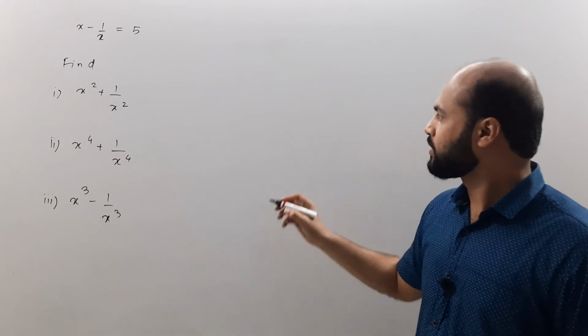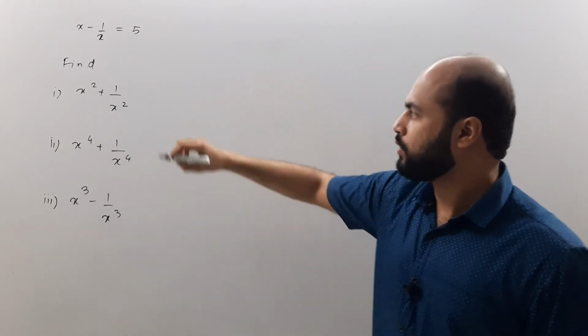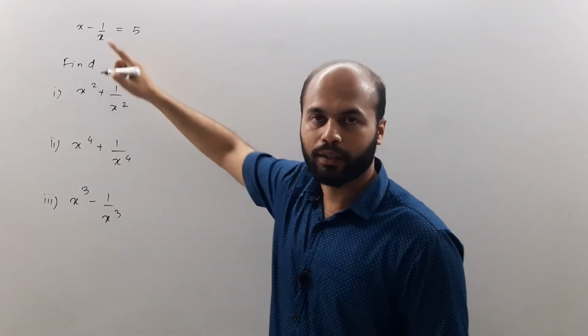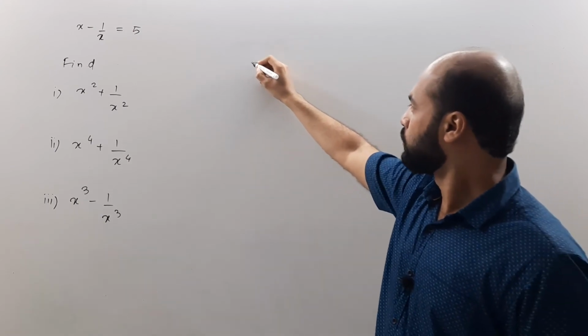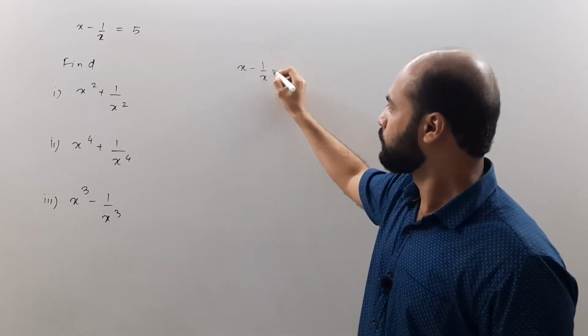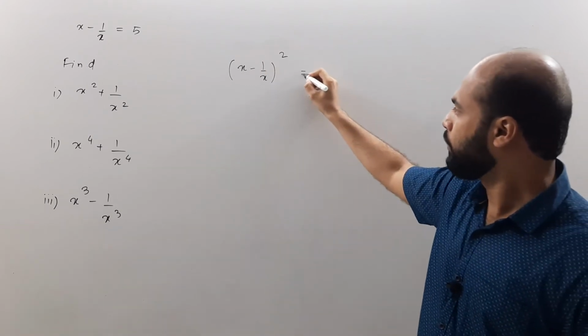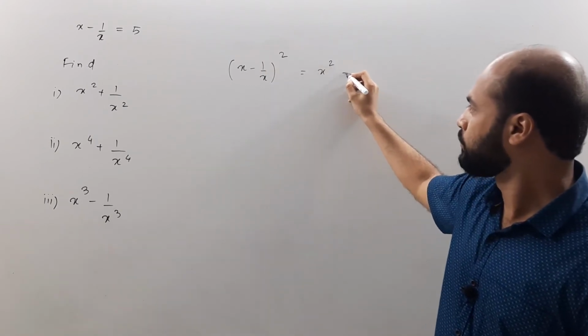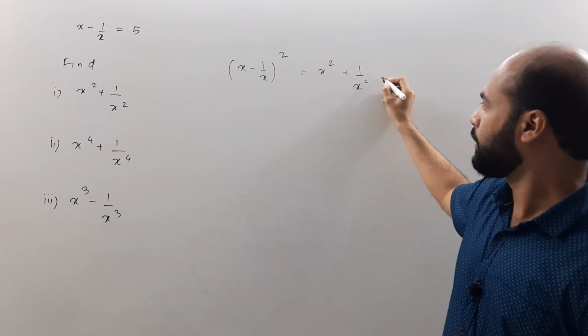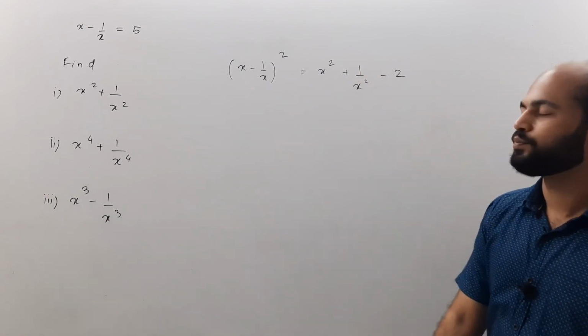So x square plus 1 by x square, that is what I want, and I have to move from this quantity. So when I expand this as square, it will be x square plus 1 by x square minus 2.